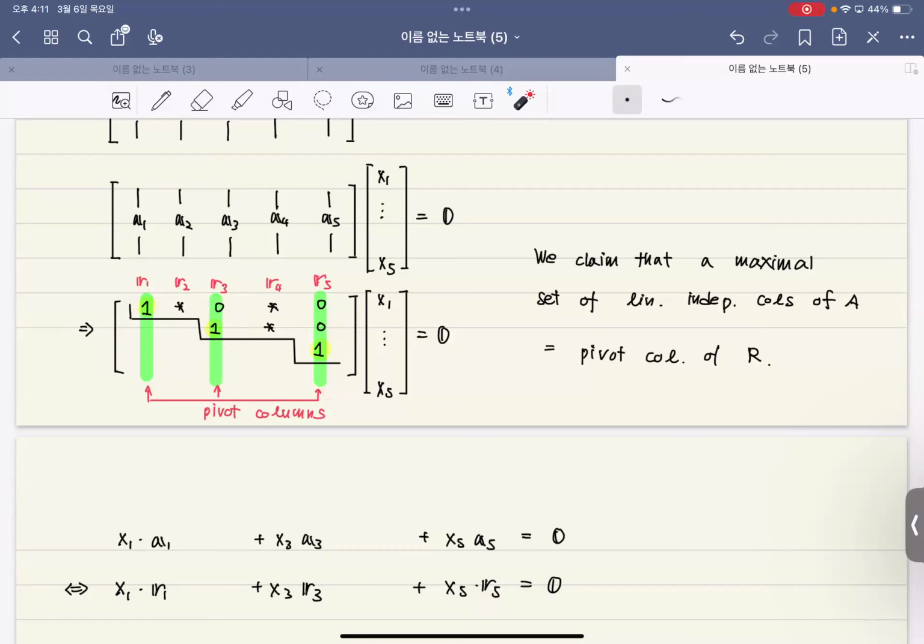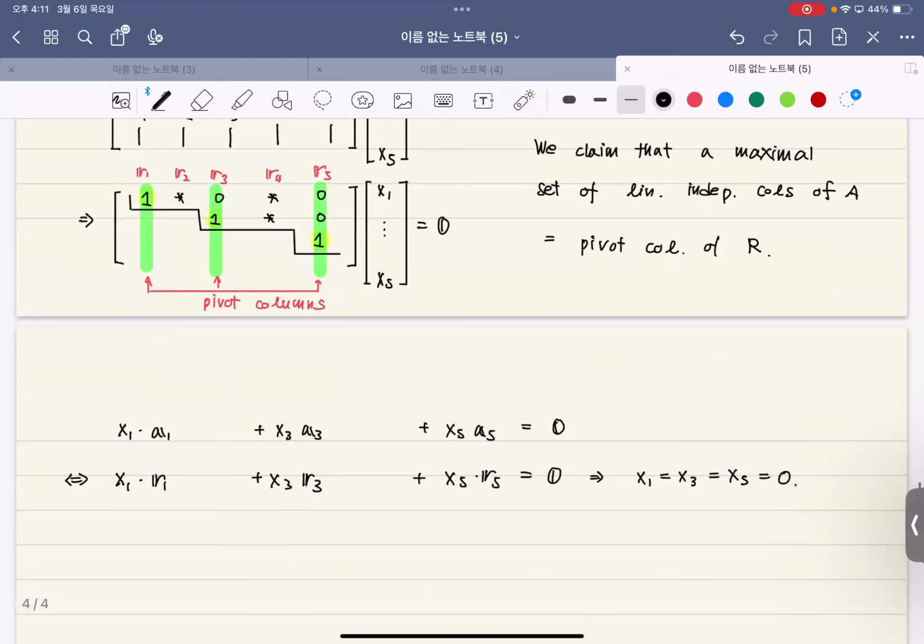So the only possible solution of this last equation is going to be the trivial solution. Therefore, the only solution of this equation was the trivial solution. Therefore, A1, A3, A5 are linearly independent. Okay.